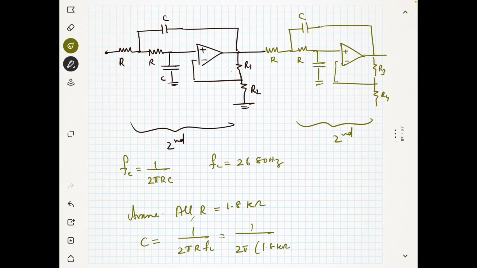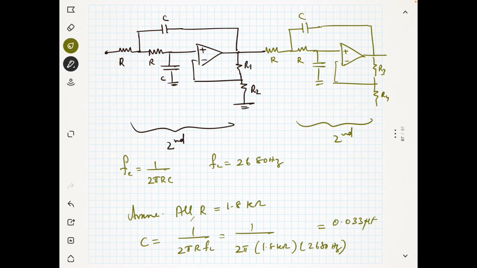You can use 1 kilo ohm also if nothing is given. If in the problem a value is given, please use it. So you will get this as 0.033 microfarad.